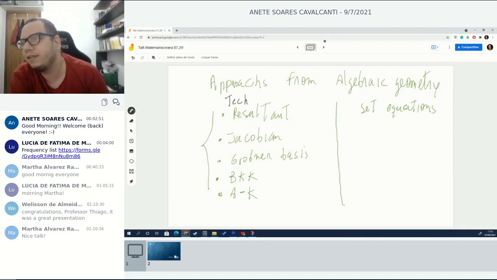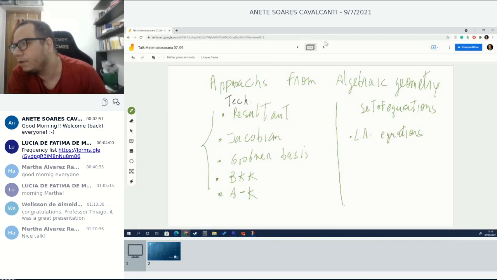On one side you have techniques, and on the other side you have sets of equations. Then there is a practical question. For example, if you use the Laura-Andoyer equations, which technique is more efficient with Laura-Andoyer equations?